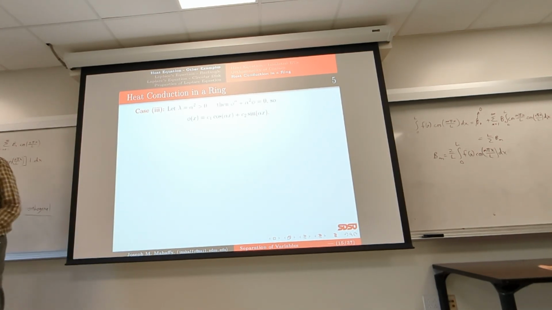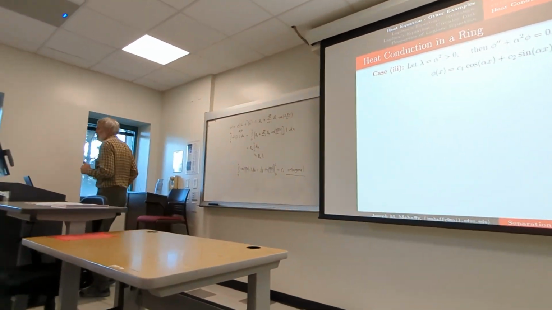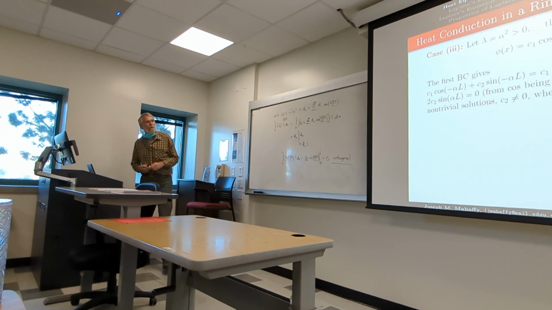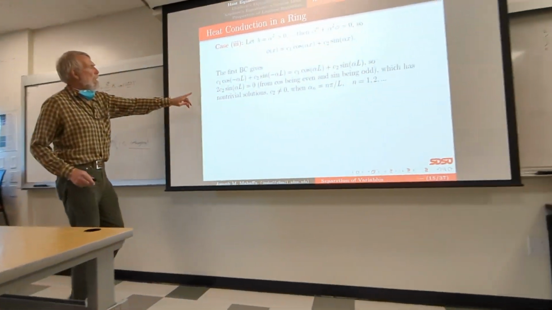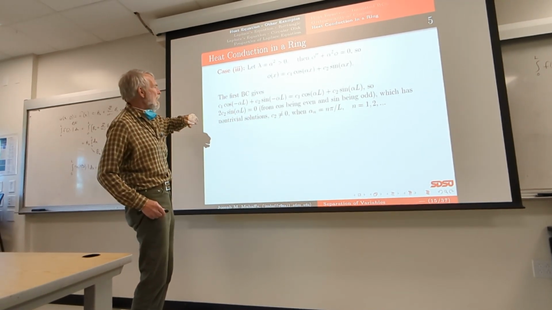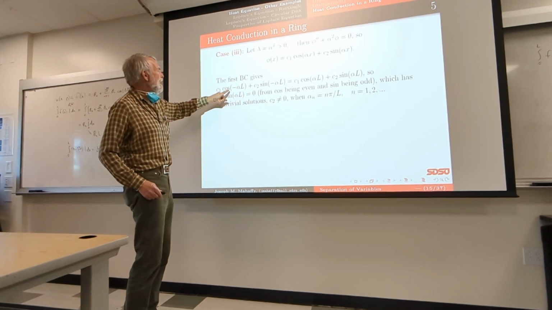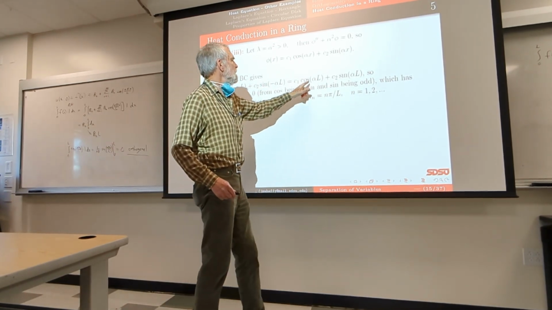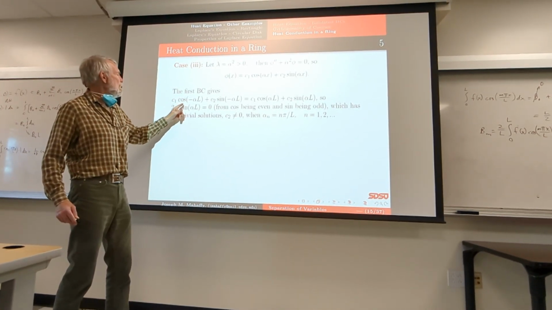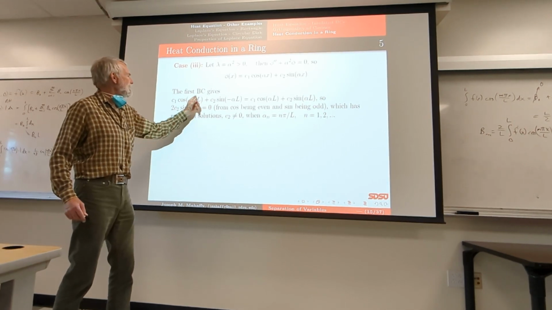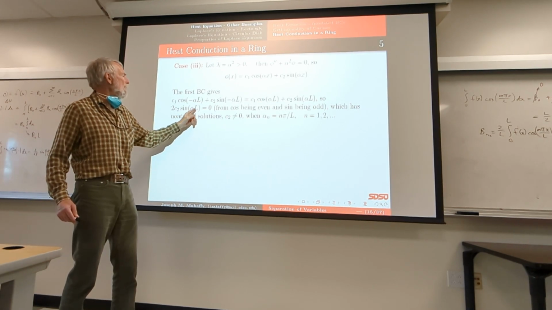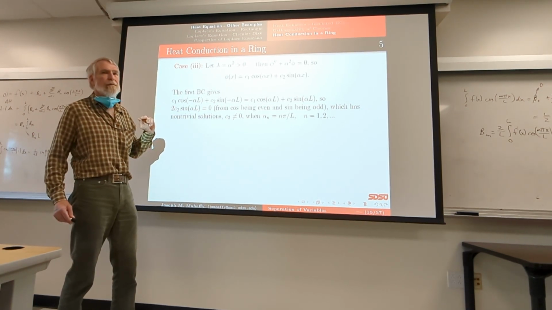Put the cosine and sine function in there, and put in the first boundary condition, putting in minus L. Notice that cosine being an even function, this cancels this, and so we just get 2 C2 sine alpha L equals 0.